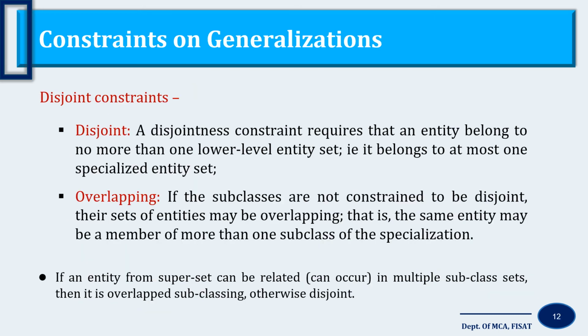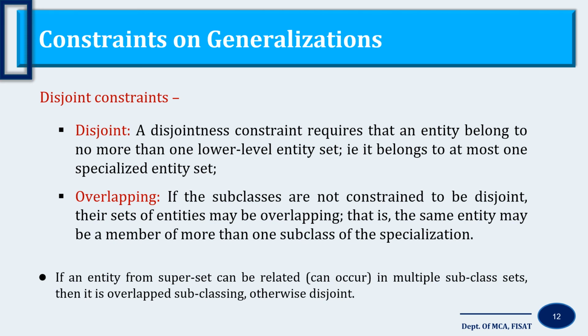The second type of constraint is disjoint constraints. We already discussed disjoint and overlapping while discussing specialization. Disjoint requires that the entity belongs to at most one specialized entity set. Consider the scenario of employee, instructor and manager.